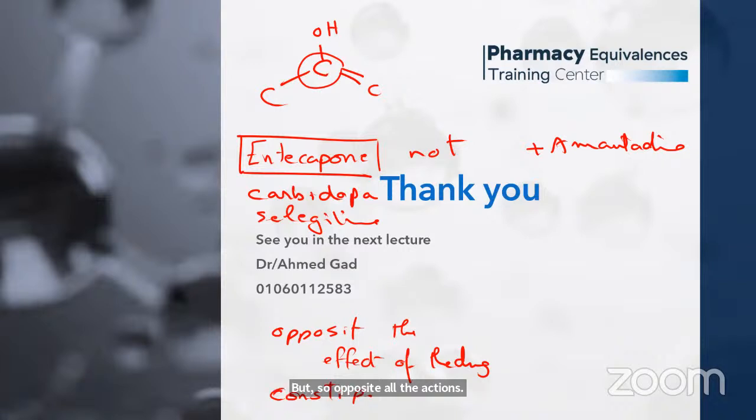Dry mouth, is it, sir? Which one? The question is about discontinuation of the tricyclic antidepressant, except dry mouth. Dry mouth is one of the side effects of the drug, so salivation may happen.